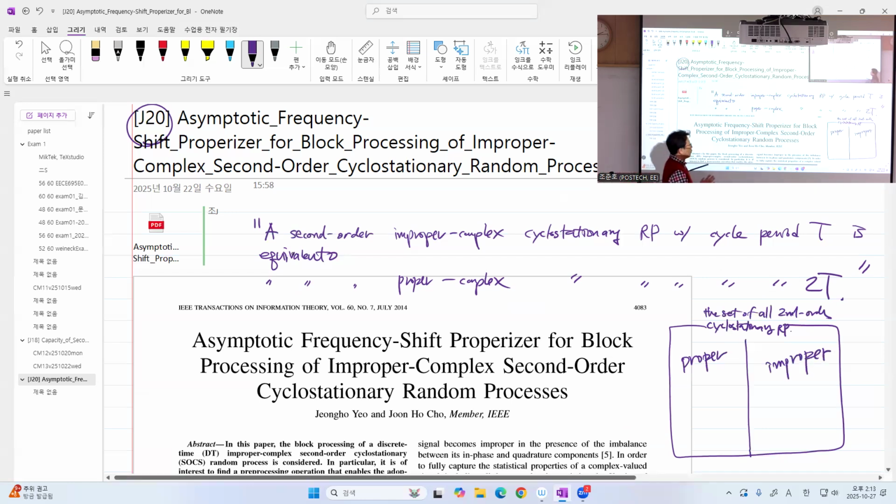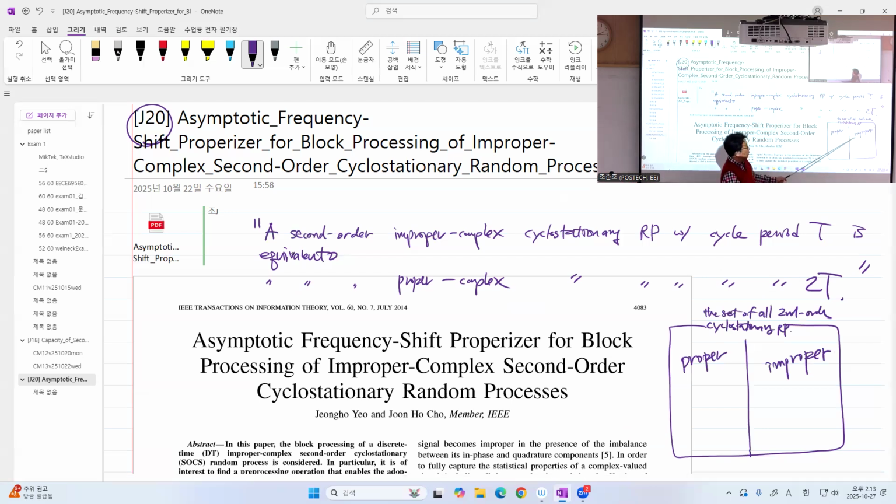However, this work shows that impropriety can be viewed as propriety after you perform some invertible transform. Here, the equivalence is established by proposing an invertible transform.